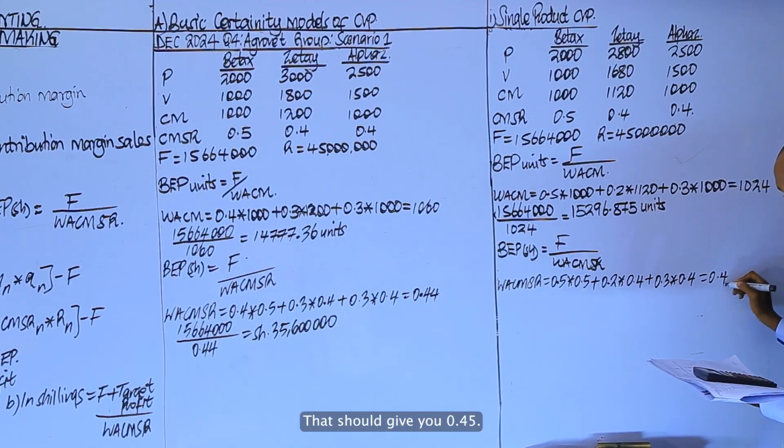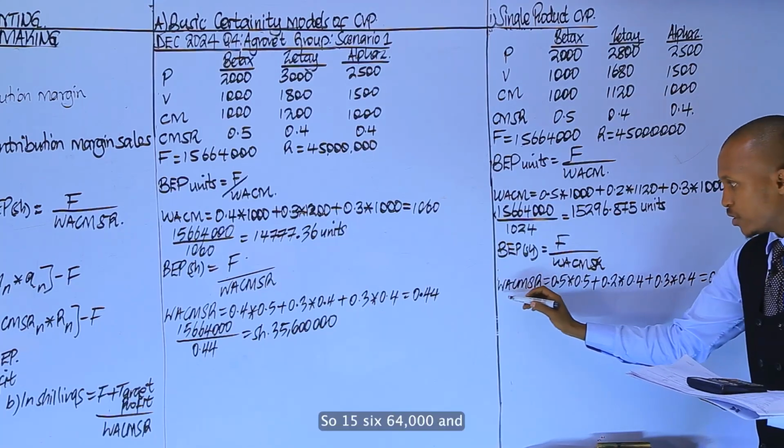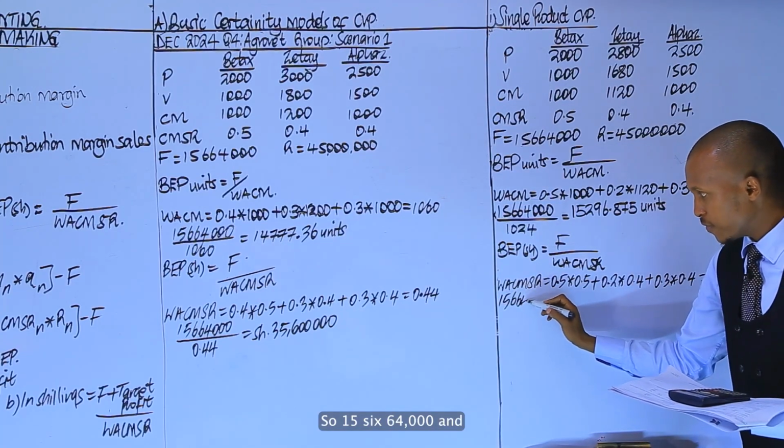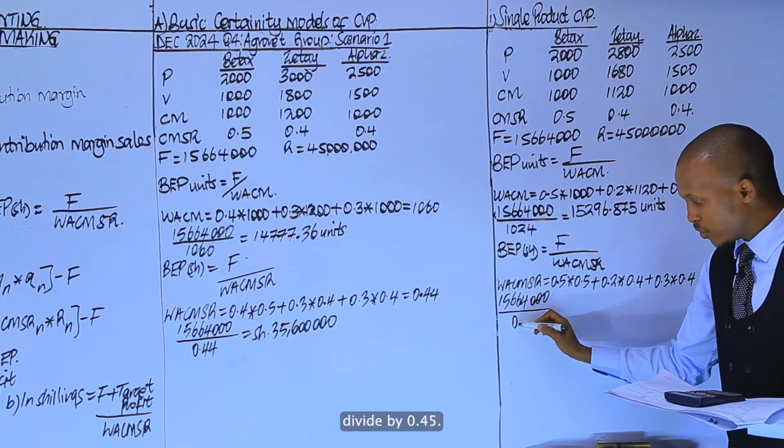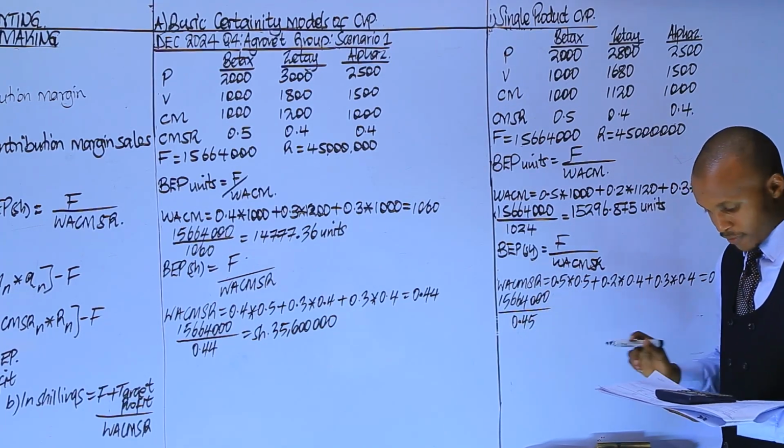That should give you 0.45. So 15,664,000 divided by 0.45.